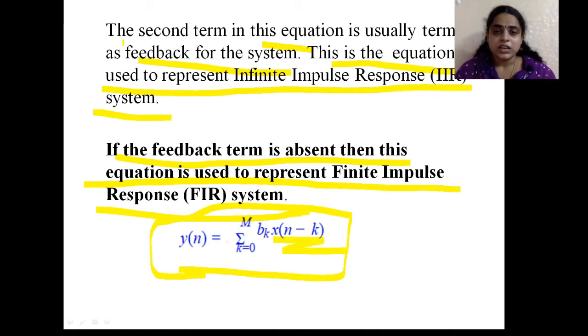This is the equation for our FIR system, and we have to remember this equation. Y of n equal to summation k equal to 0 to capital M bk into x of n minus k. Only the forward term, there will be no feedback path for FIR filters, because it reaches 0 for an impulse response.